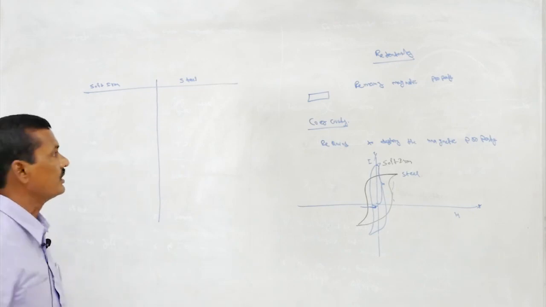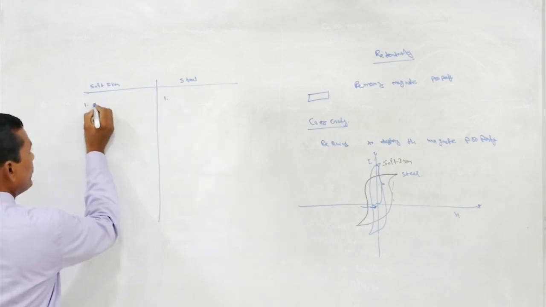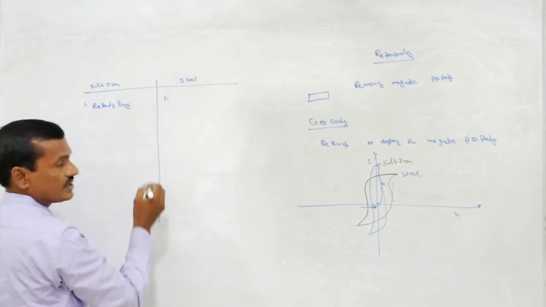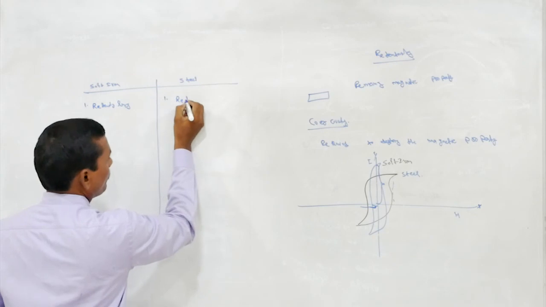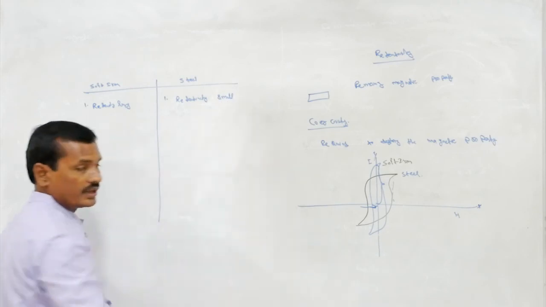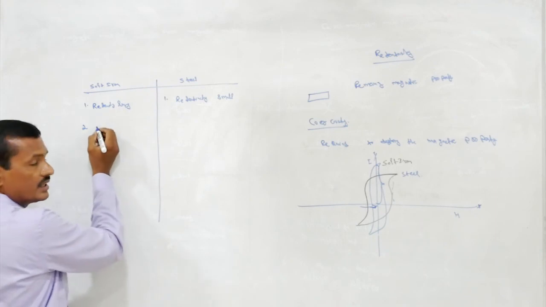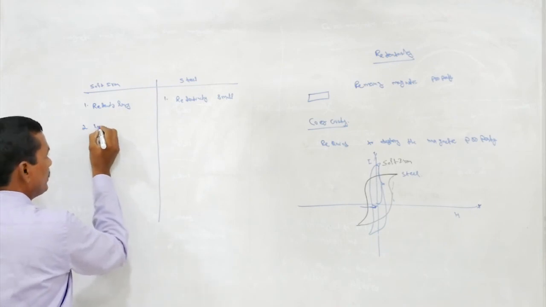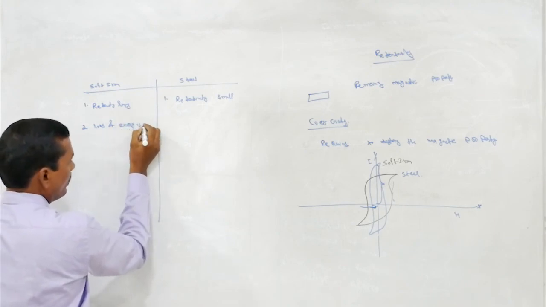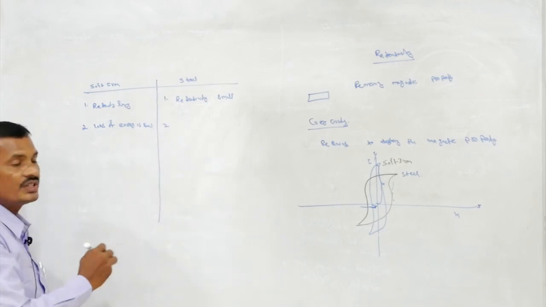Soft iron and steel. For soft iron, retentivity is large. For steel, retentivity is small. And second, for soft iron, loss of energy is small. For steel, loss of energy is high.